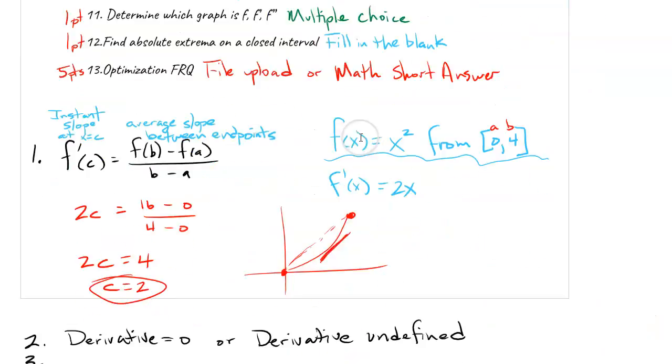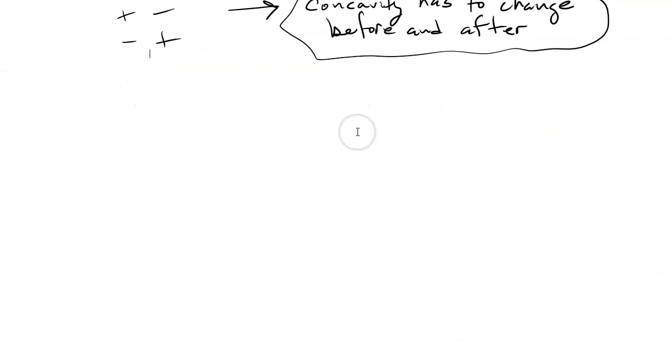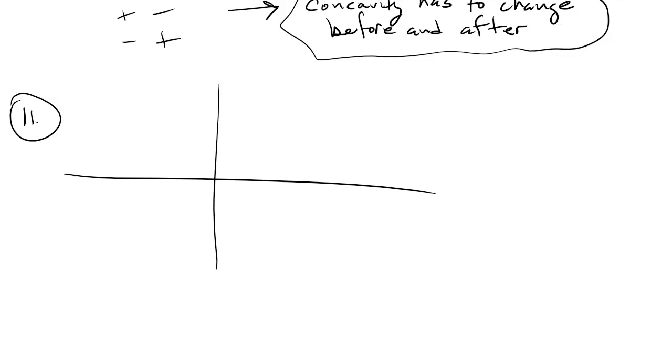11 is going to be very straightforward. I purposely picked a graph. Oh God, I don't know if I can draw something like this. This is really hard to draw off the top of my head.